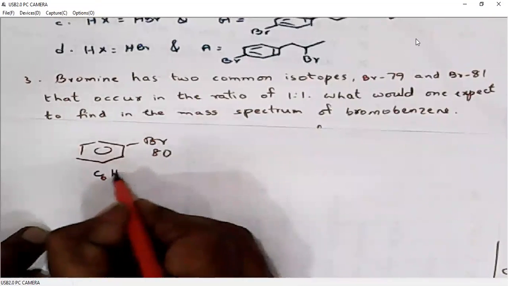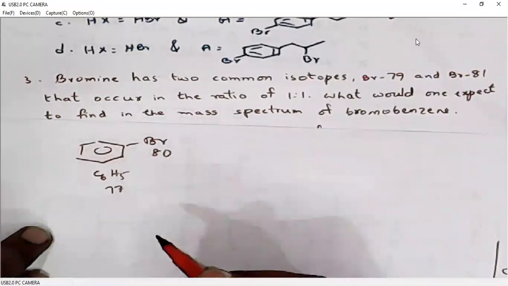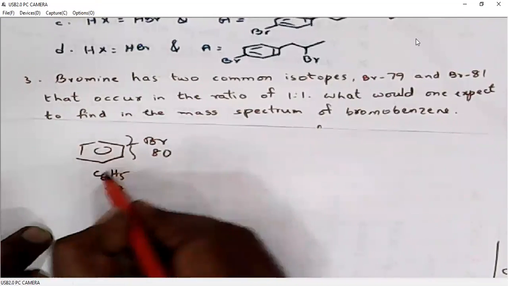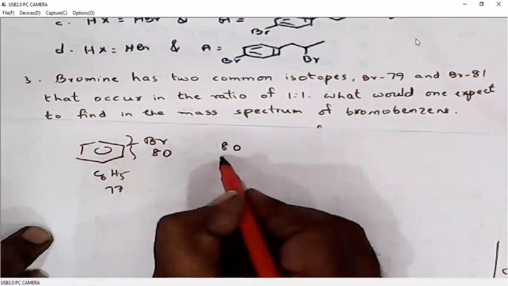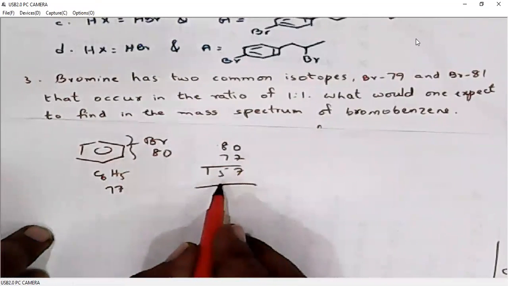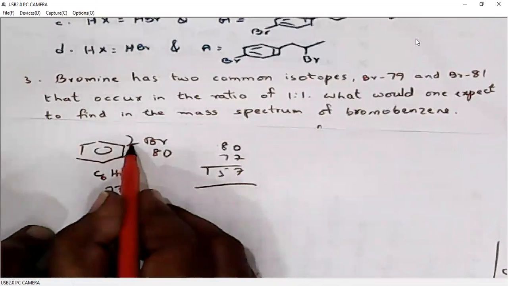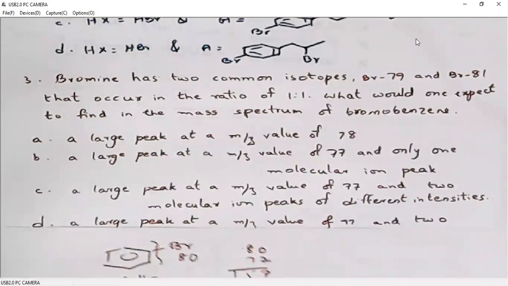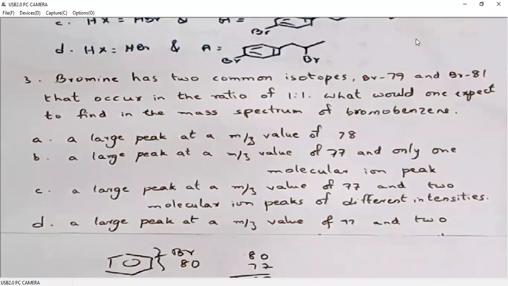C6H5 is nothing but 77. So up to the phenyl ring it is 77, and completely it is 80 plus 77, 157. So the total mass is 157. Now we will look at the answers.